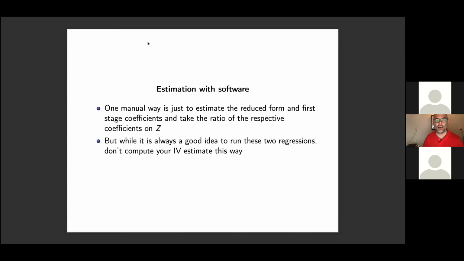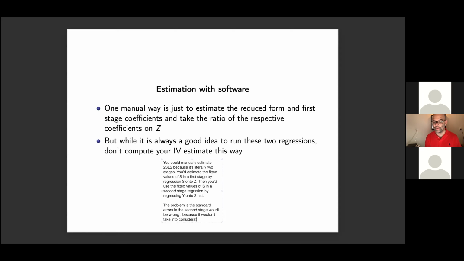Estimation with software. You could manually estimate two-stage least squares because it's literally two stages. You'd estimate the fitted values of S in a first stage by regressing S onto Z. Then you'd use the fitted values of S in a second stage regression by regressing Y onto S hat. The problem is, the standard errors in the second stage would be wrong because they wouldn't take into consideration that your random variable was estimated.